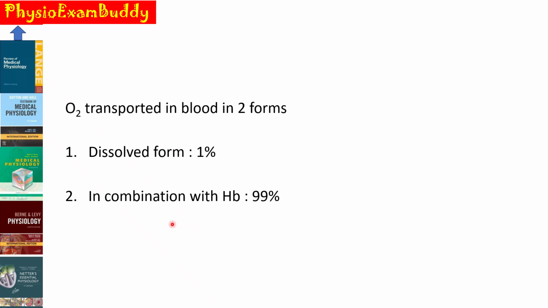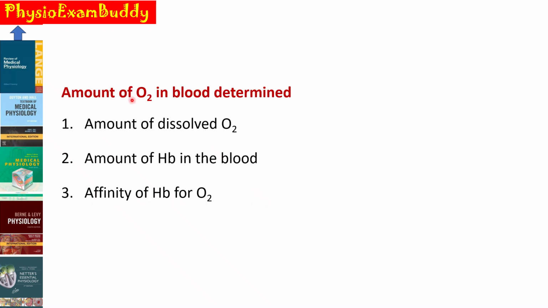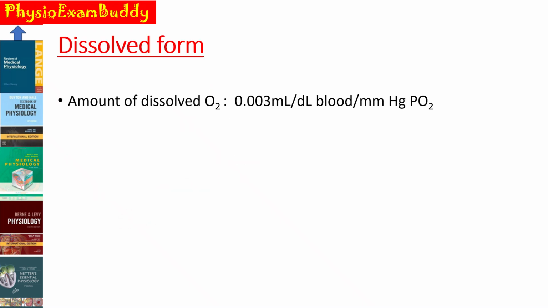So these are the two forms by which oxygen is transported in the body. The amount of oxygen in the blood is determined by three factors: the amount of dissolved oxygen, the amount of hemoglobin in the blood, and the affinity of the hemoglobin for oxygen.